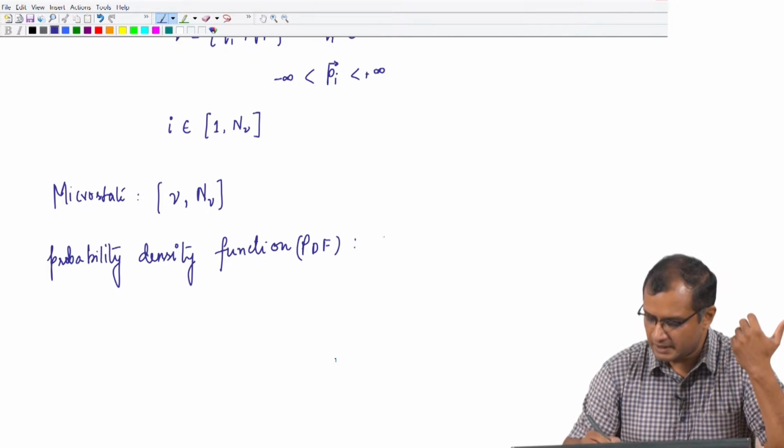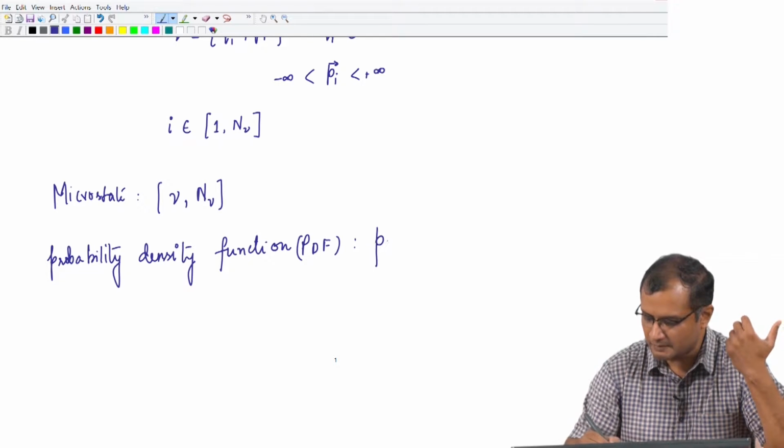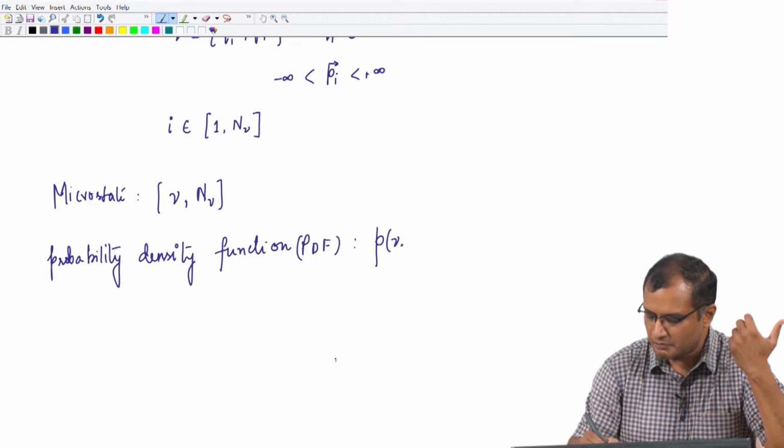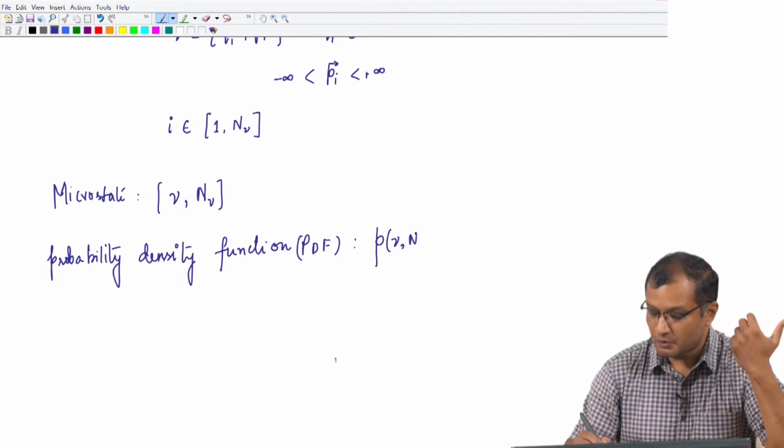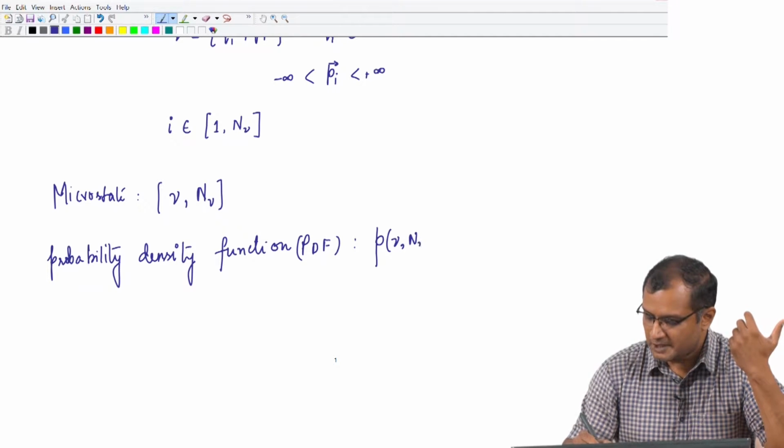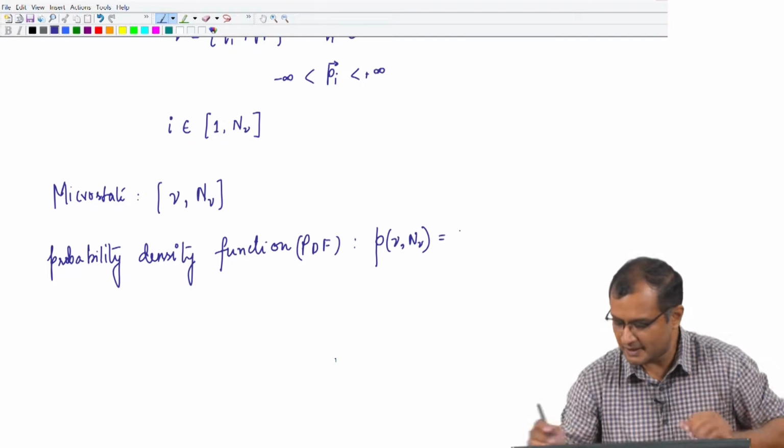So, I am going to write the probability density of finding the system in microstate nu with number of particles N_nu.